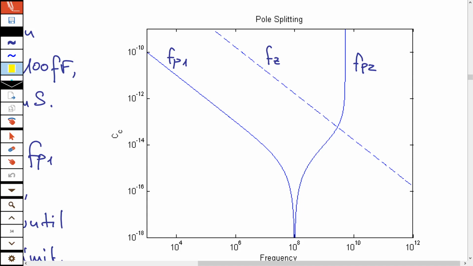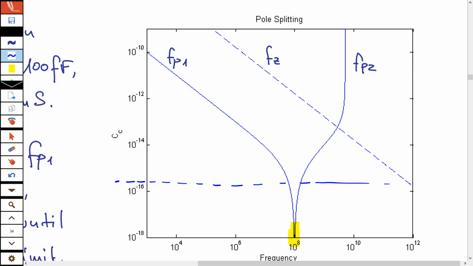And in this case, with the component values I chose, both of the poles are in the same location, around a frequency of 10 to the power of 8. Now, if I increase CC, there is some capacitance around here where things start to change.